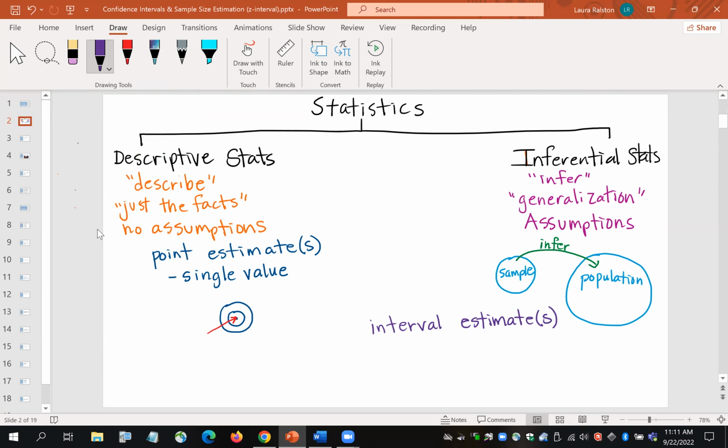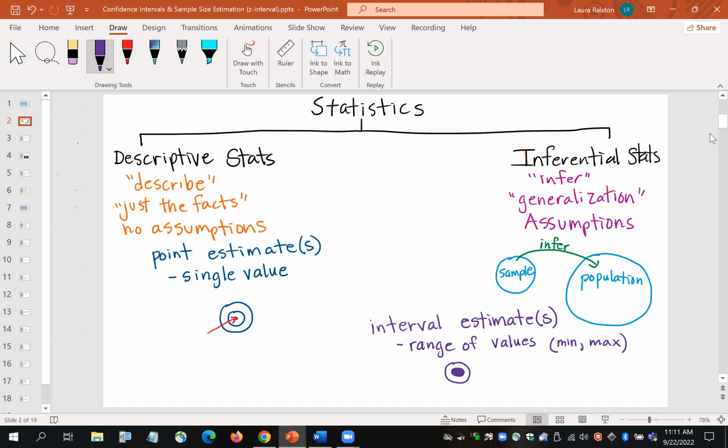And with interval estimates, we're going to get basically a range of values instead of a single value. You're going to basically have a minimum or a lower bound and a maximum that your value could be between. So again, if you're thinking about it from that target perspective, you get a little bit bigger area to aim for.